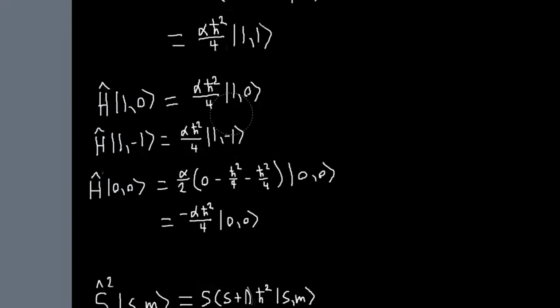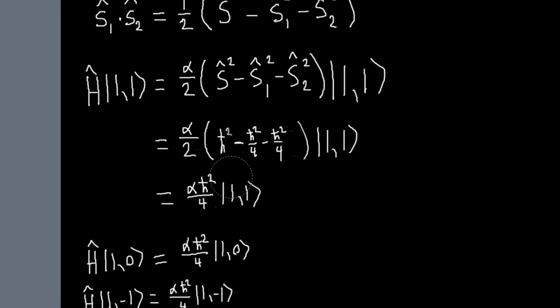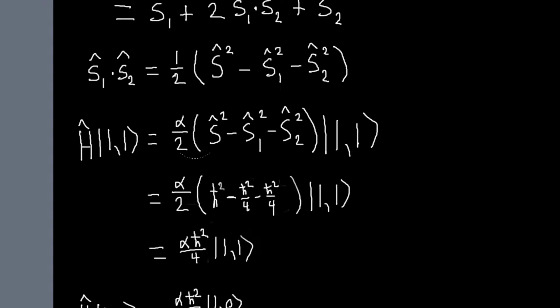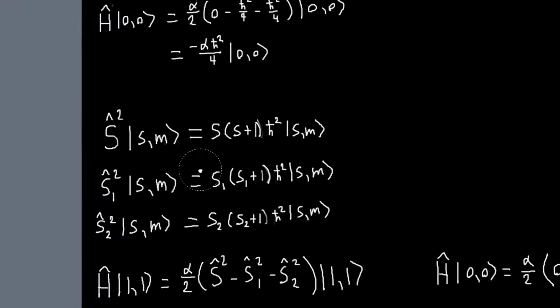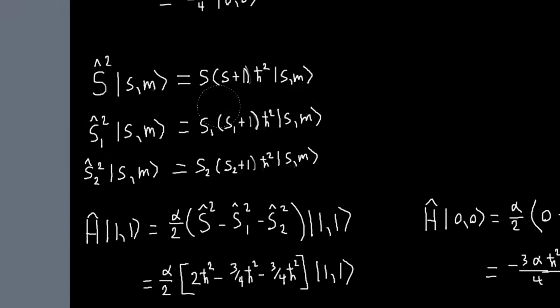It's unfortunate that when we do things the wrong way, we happen to get the correct eigenvalue for the other states, just a coincidence. So we can rework things using the correct eigenvalues. For this state, s is 1, so I'll have s times (s plus 1), which is 2 times 1, so I should get 2 h bar squared.